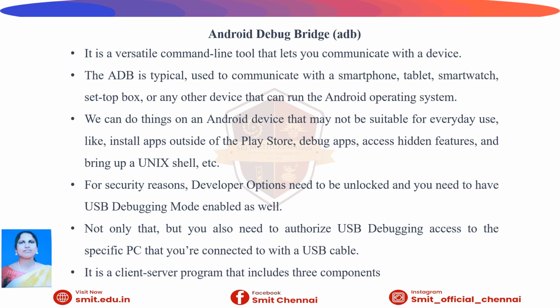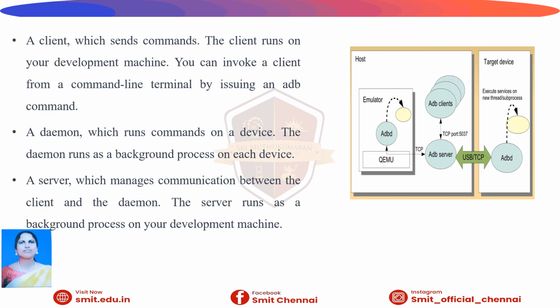One is the client, which sends the commands. In the architecture diagram, the client runs on the development machine. You can invoke the client from the command line terminal by issuing ADB commands.